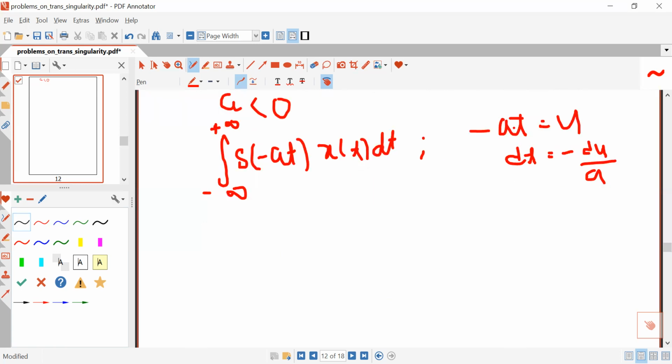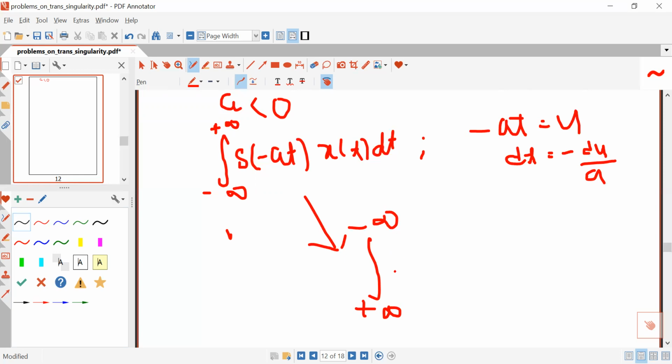And when t will be minus infinity, then u will be plus infinity. So its lower limit will be plus infinity. You must note it. And when t is plus infinity, then u will be minus infinity. So first, in terms of u, the limit of integration will change.